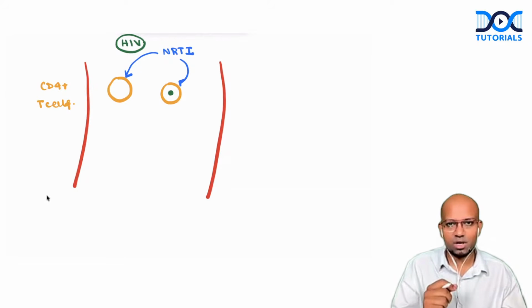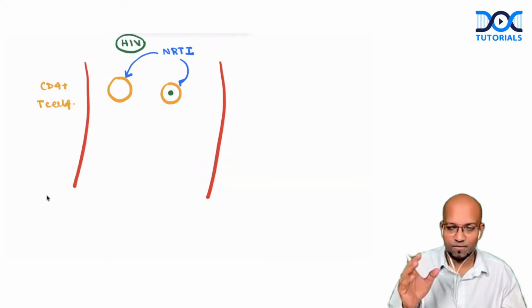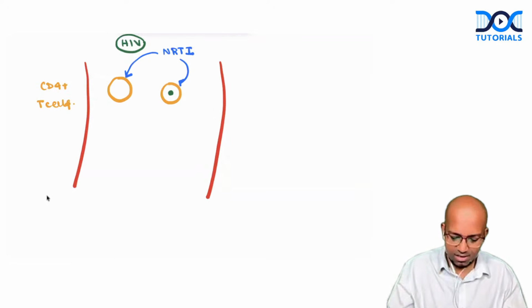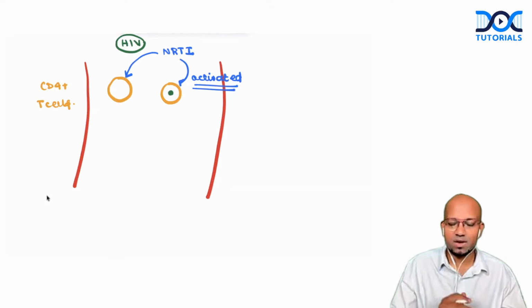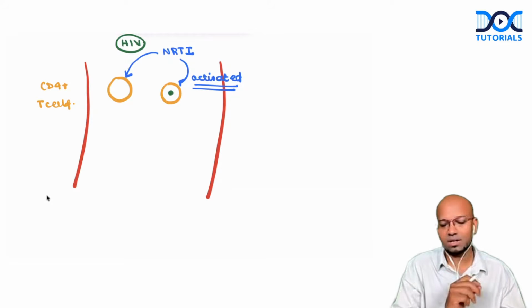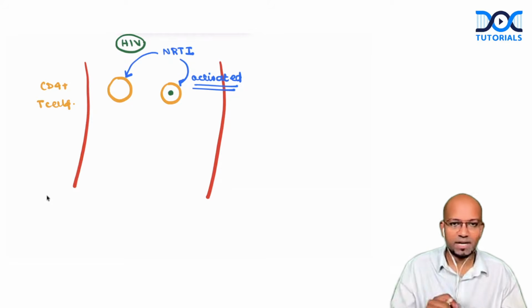But how do we make sure that the NRTI is producing its action only inside the cell which is infected with HIV? There, this NRTI will get activated. We keep a checkpoint, and that checkpoint is that NRTI will get activated only inside the cell which contains HIV, whereas in a normal CD4 plus T cell, the NRTI will not get activated.